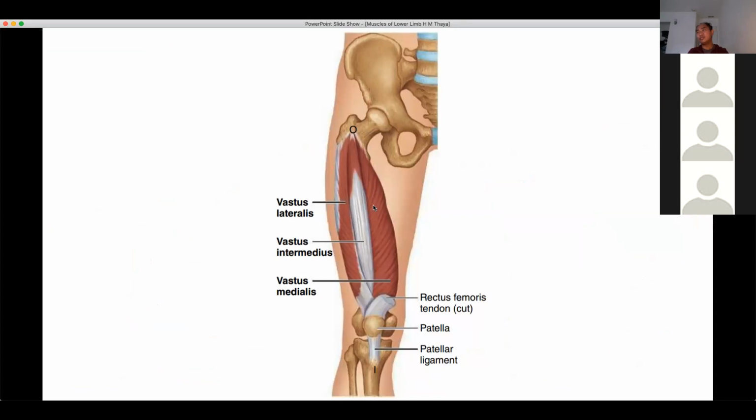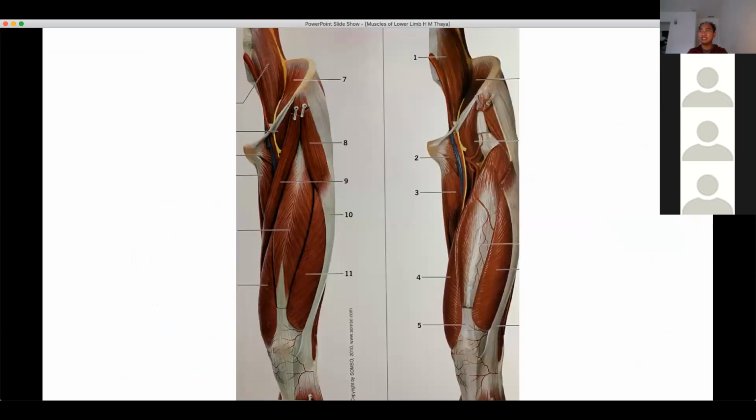Okay, so that's what we saw and what we see. So now I hope you will be able to answer this question from this diagram. What is this muscle? Or what is this muscle? So they are all easy, and I don't think it is difficult to remember.